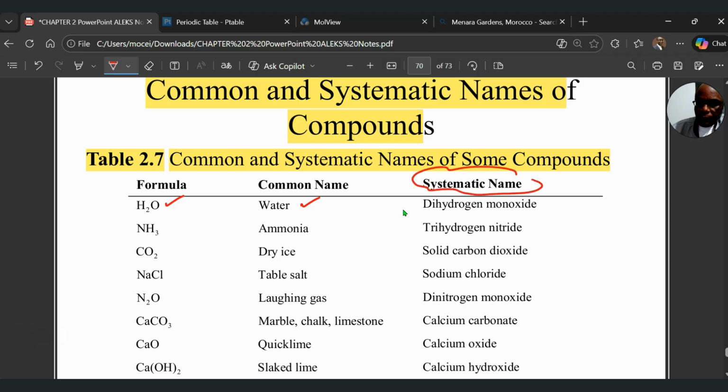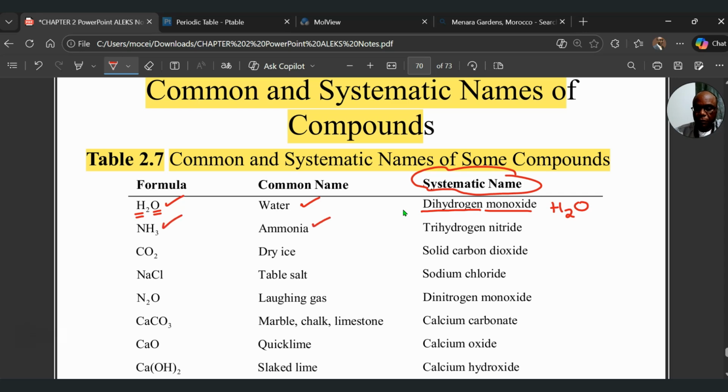The systematic name, because this is completely covalent and molecular, is dihydrogen monoxide because you have 2 hydrogens and 1 oxygen. So if you want to sound fancy in the store, you go to Walmart and say, can I have the 3-gallon dihydrogen monoxide? Then you sound so educated.